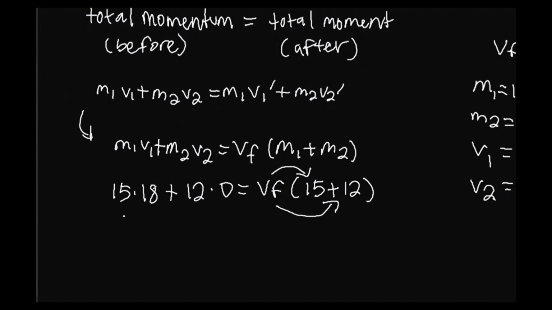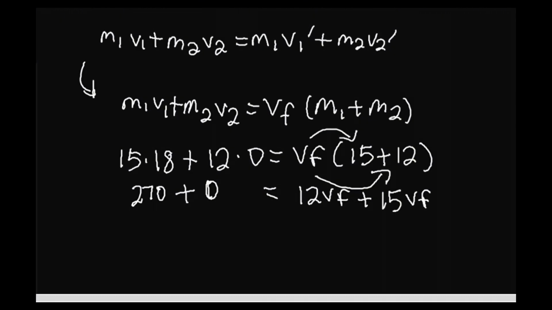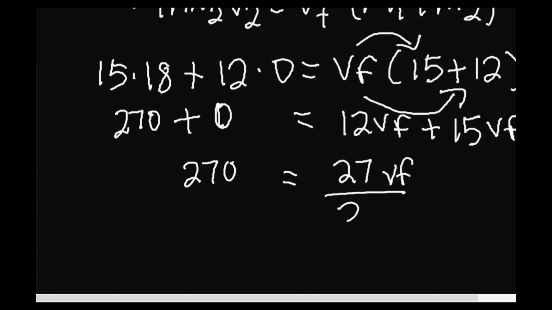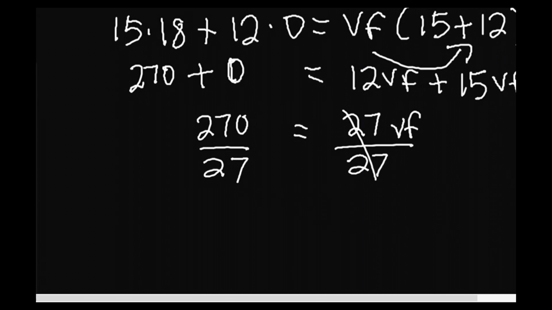So we'll have 270 plus 0 equals 12 vf plus 15 vf, which gives 270 equals 27 vf. Now, all we have to do is solve for vf by dividing by 27, cross that out, and then vf, our final velocity, will equal 10 miles per second.